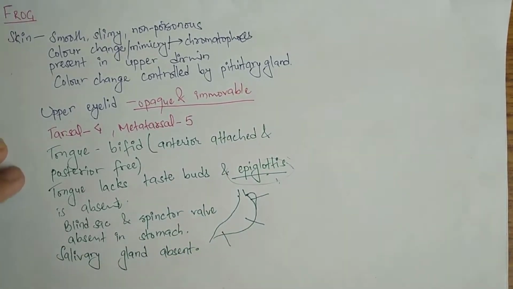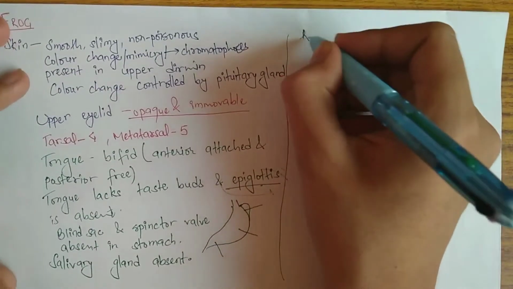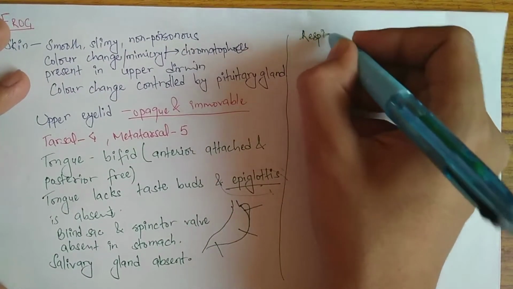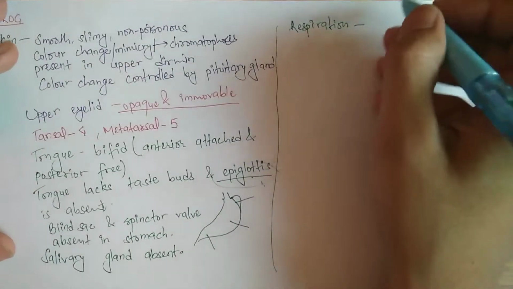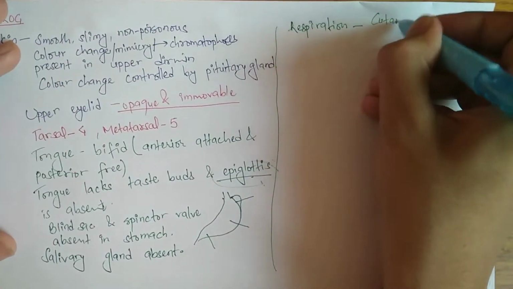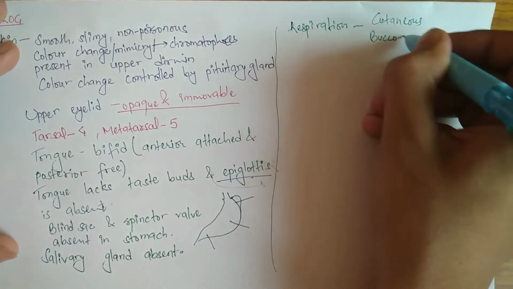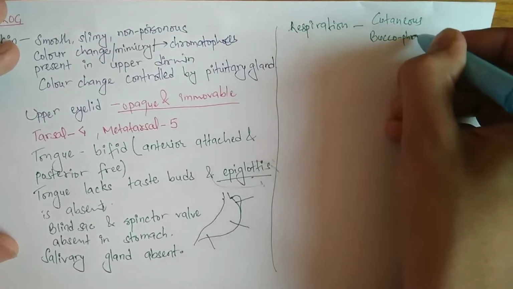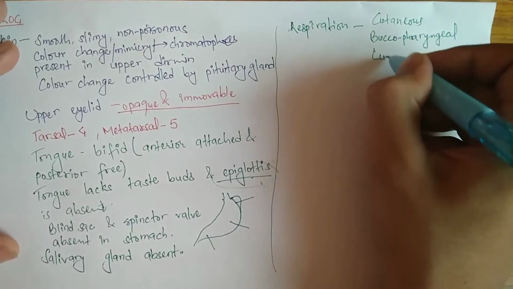So now, without wasting time, let's enter into the respiration part. Respiration occurs by three types: cutaneous, from skin; buccopharyngeal; and then by lungs.